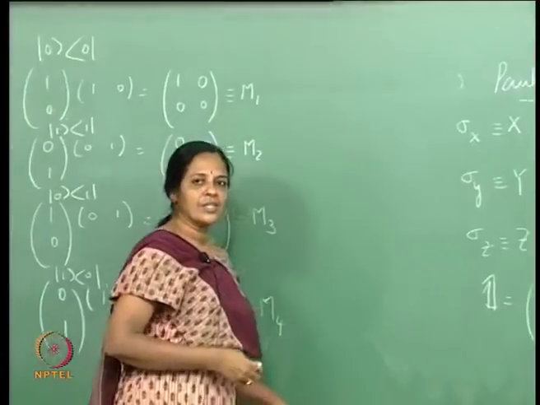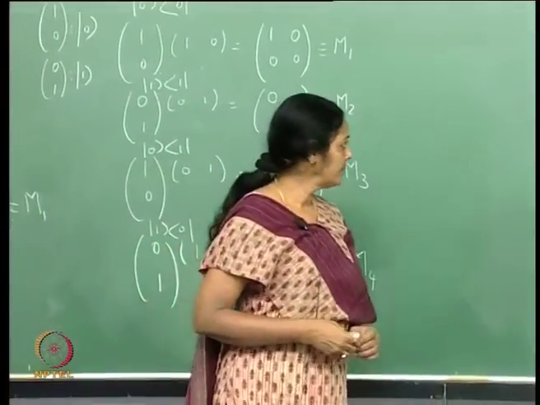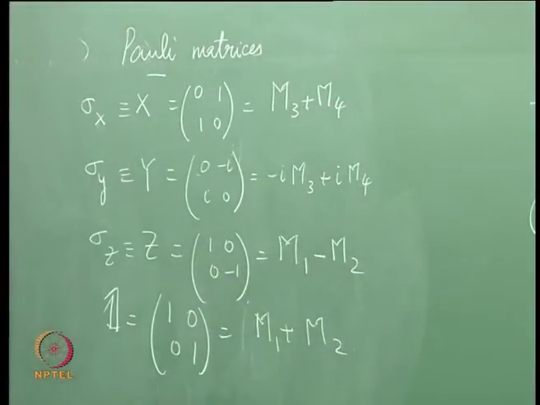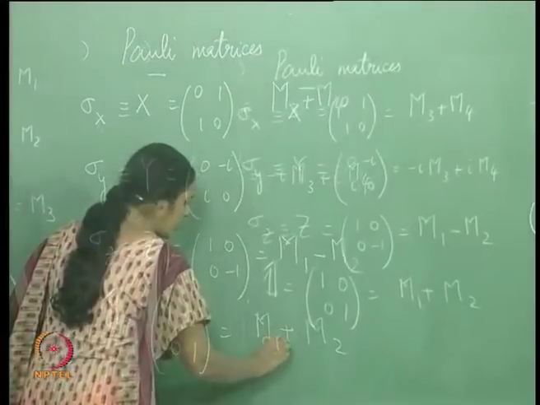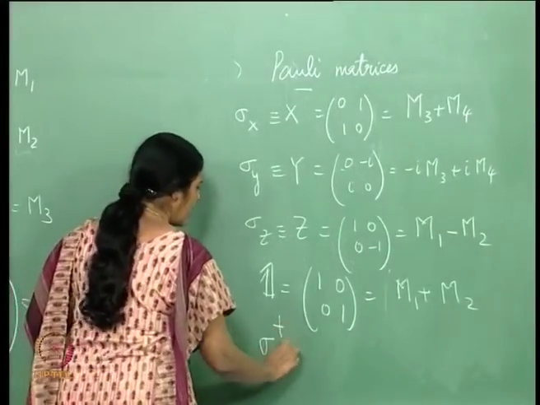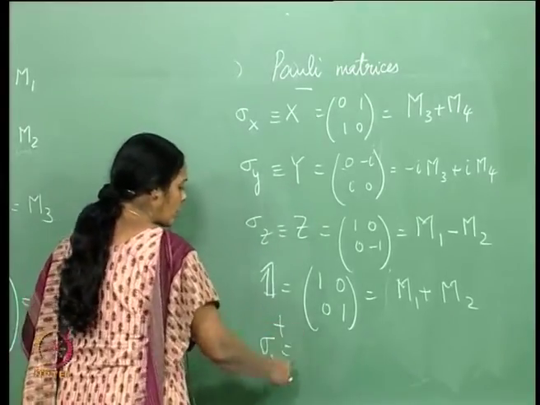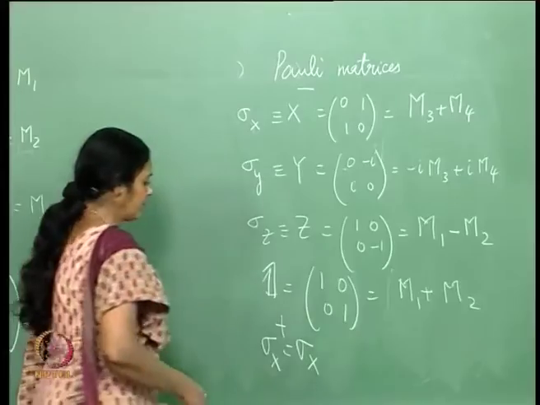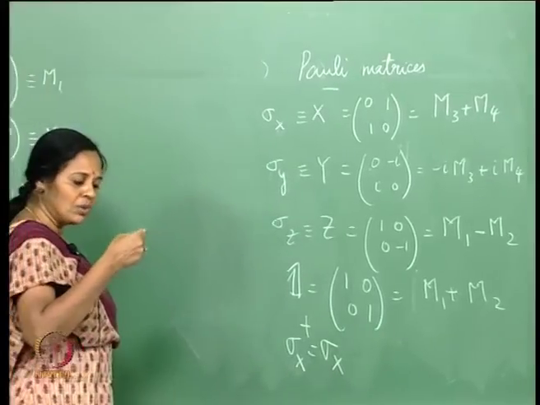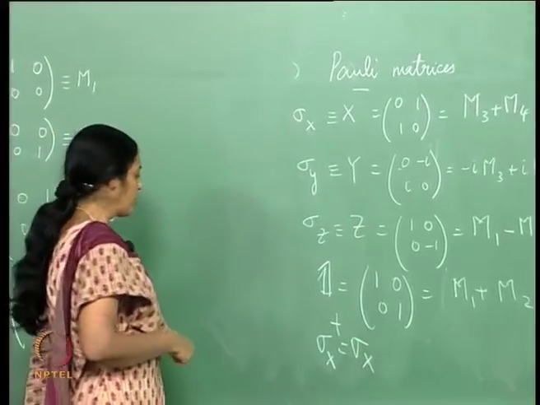The sigma matrices are very interesting matrices. They are Hermitian matrices because if you take sigma x dagger, that means interchange the rows and the columns and also make complex conjugates of every element.